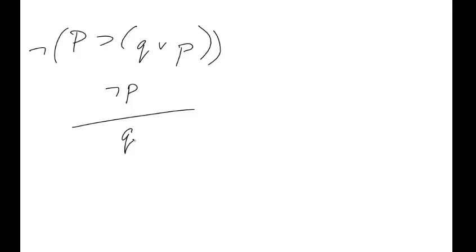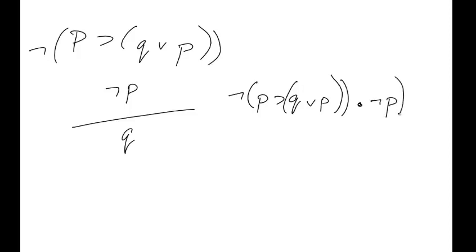So let's go ahead and test it. I'll try to be neater than I usually am: P then Q or P, and not P, then Q. Let's run this truth table.